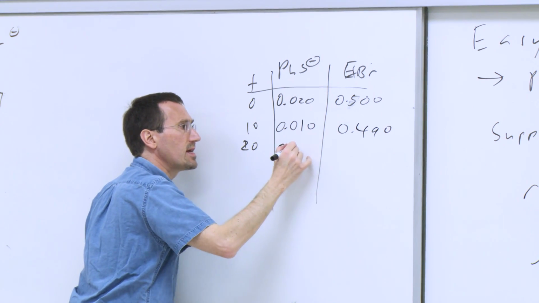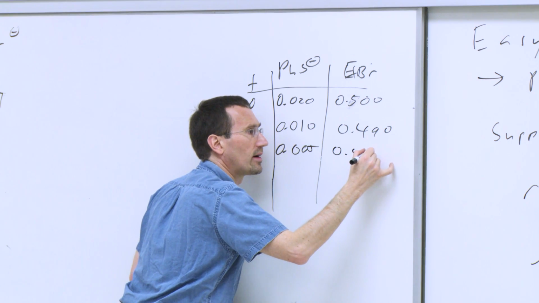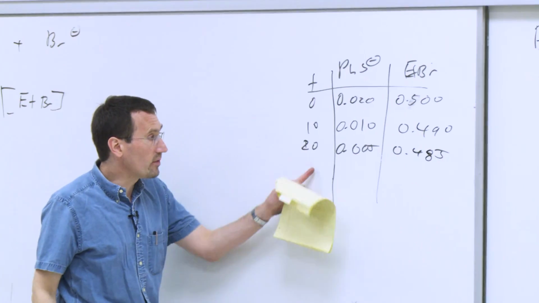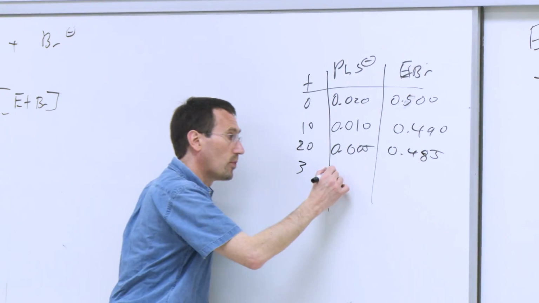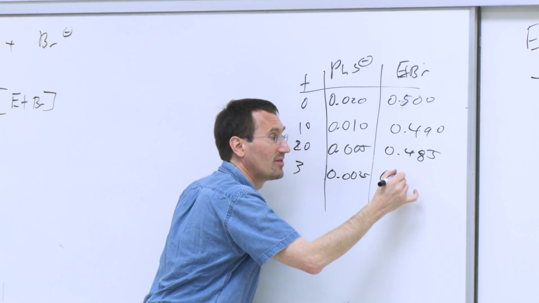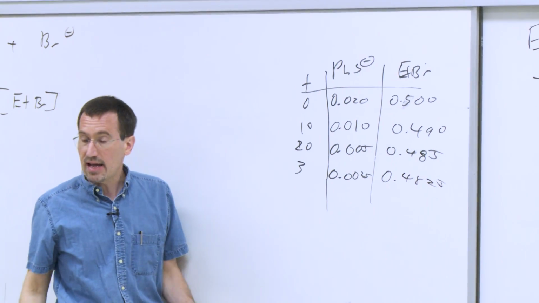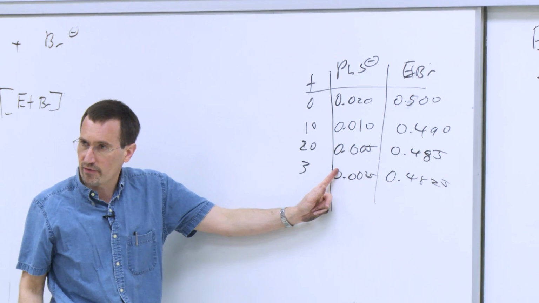At time 20, it's 0.005 and 0.485. And what would you expect at time 30? 0.0025 and 0.4825. And so we've taken a second order process, reduced it to first order.